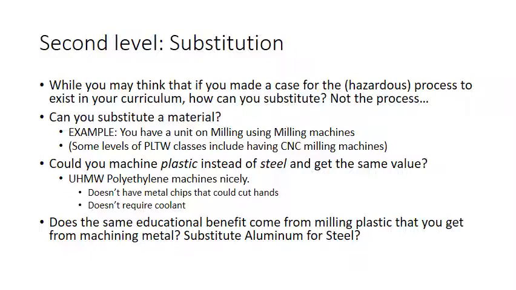UHMW polyethylene machines quite nicely, and you don't have the coolant problems, you don't have metal chips, and they'll still see what CNC manufacturing and chip removal is like, but with something much safer. So think about substituting materials, and substituting processes that can give the same educational benefit.